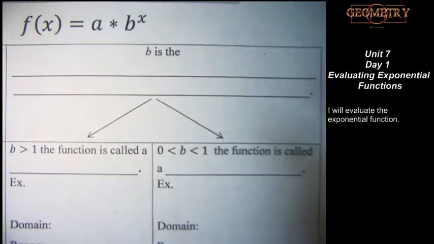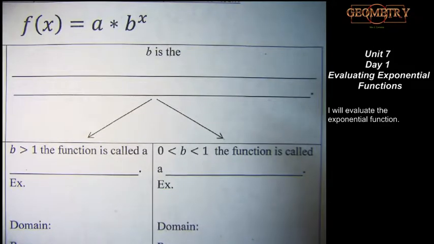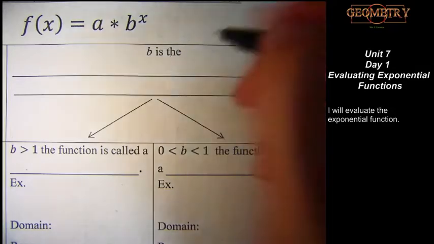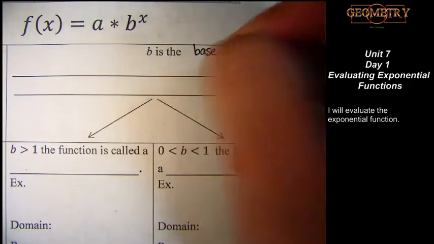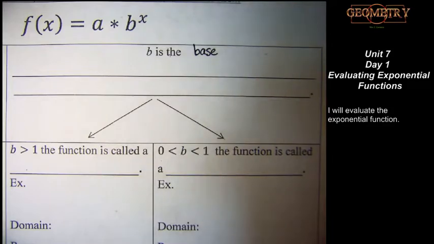So in this form, the number that is sitting in the position where the letter B is right now is called the base. All about that base.